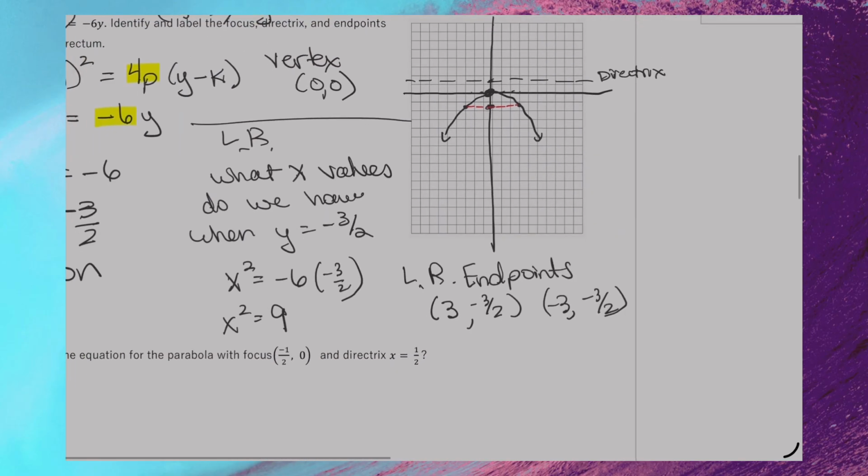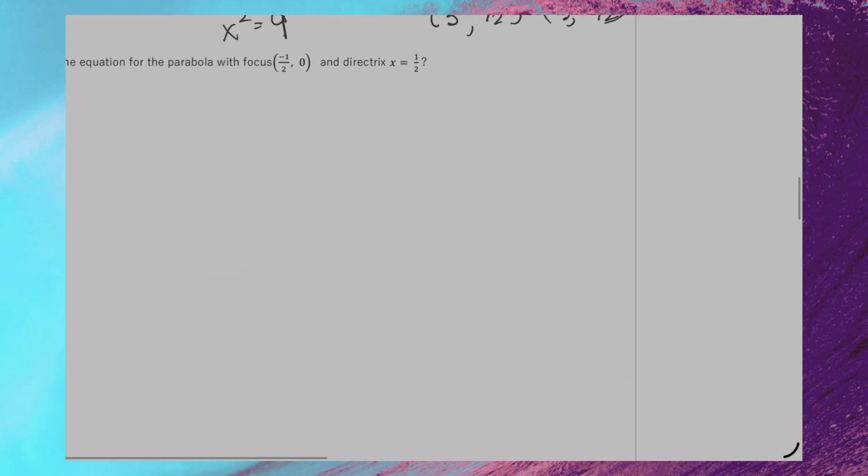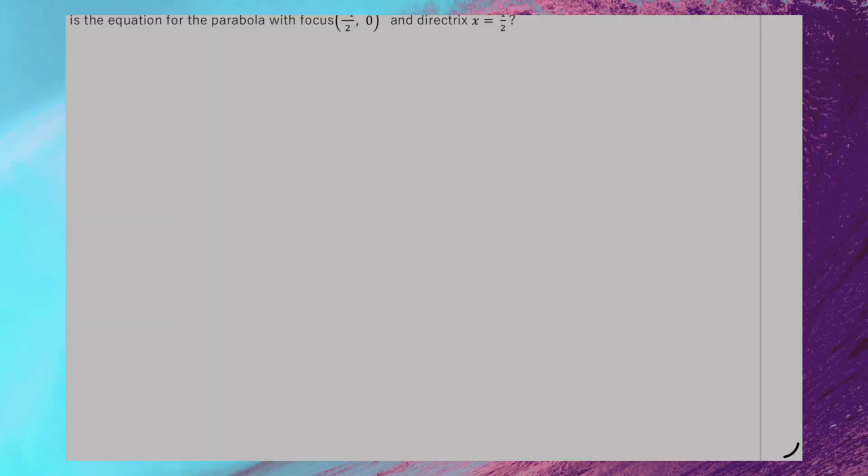Okay. All right, now let's work this backwards or a little differently. Here it's saying, what is the equation for the parabola when the focus is negative 1/2 and the directrix is a positive 1/2? All right. Focus is negative 1/2, 0.